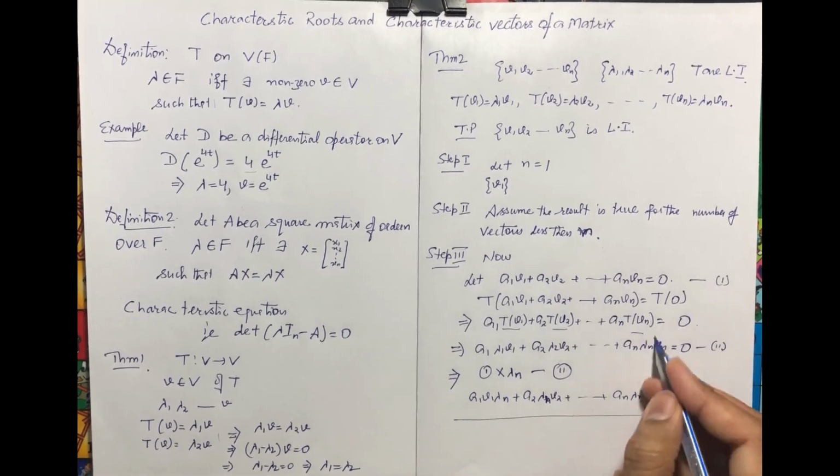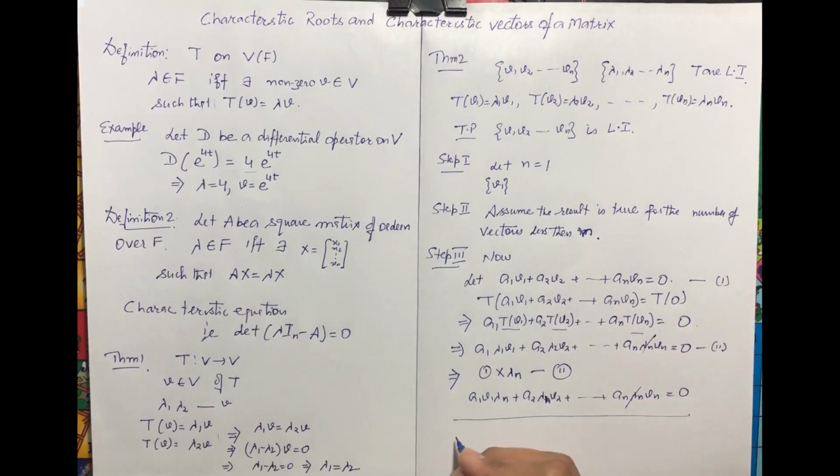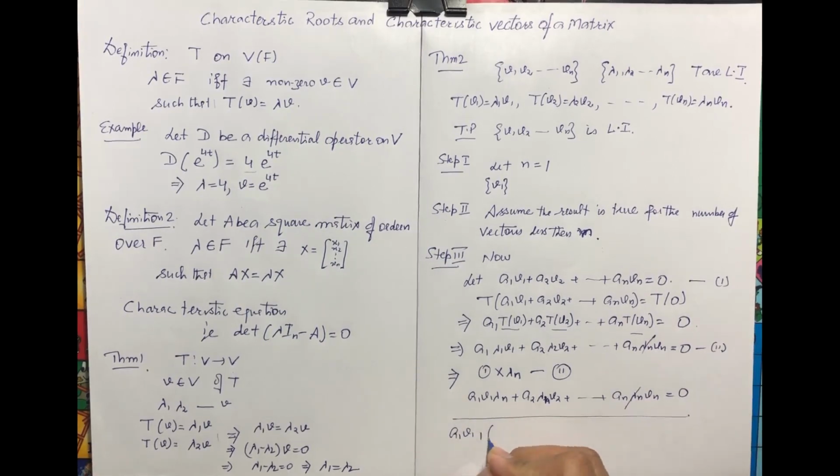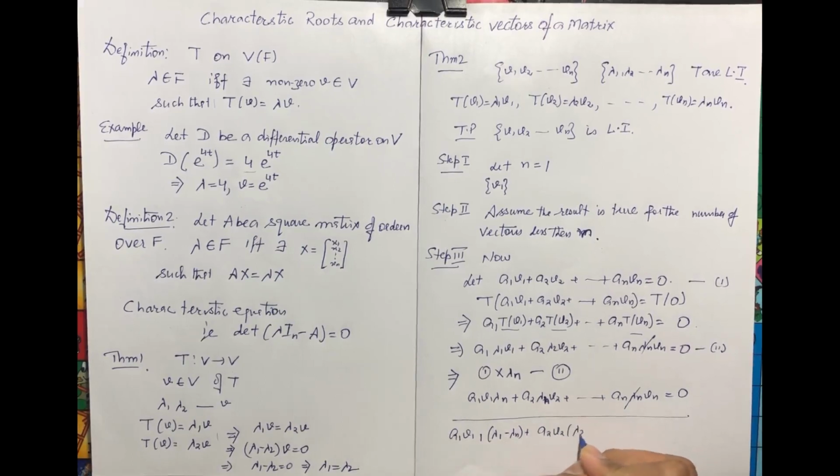When we subtract, the last term will cancel out and we are left with a1 v1 (lambda 1 minus lambda n) + a2 v2 (lambda 2 minus lambda n) + ... + a(n-1) v(n-1) (lambda n-1 minus lambda n) = 0.